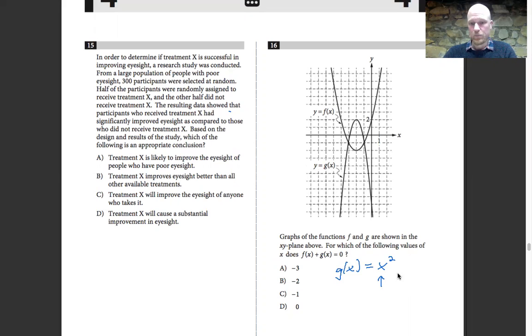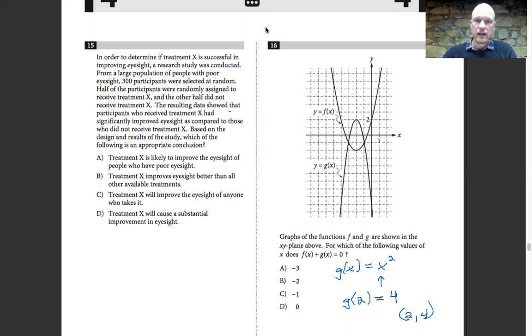So if x were equal to 2 in this case, y would equal 4. So g of 2 would equal 4. And if we're going to graph this, this point would be 2, 4. 2 is our x value, and 4 is our y value.